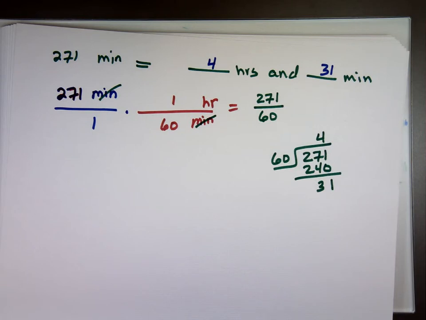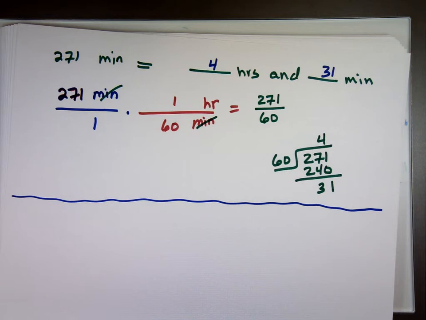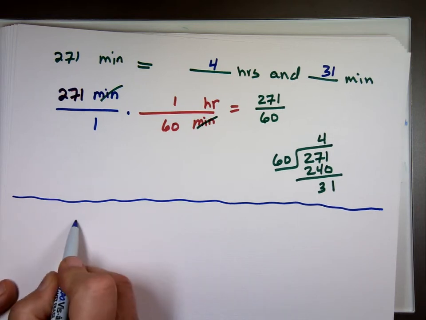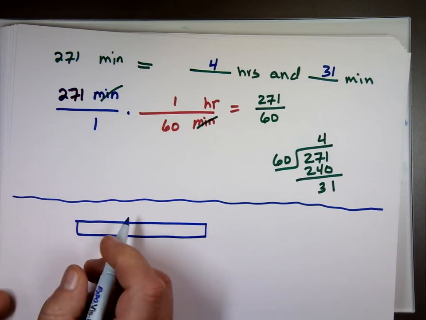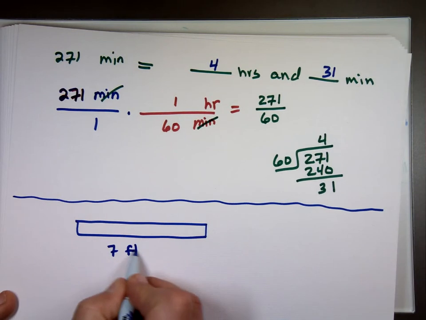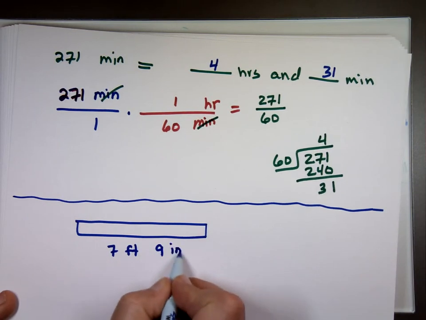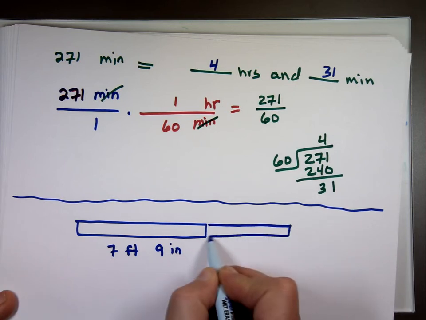Let's try to add now. Let's say you have 2 pieces of wood. One of them is 7 feet 9 inches. And the other one you put right next to it. You're doing a floor in the house.